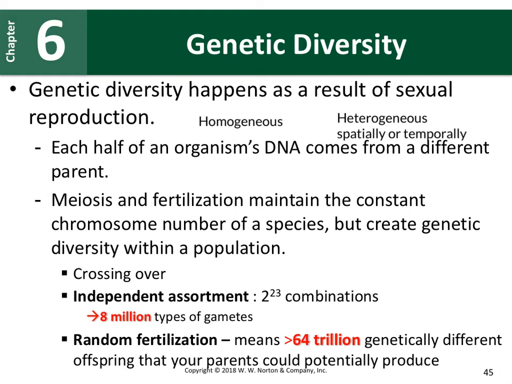Heterogeneous means different. So an environment that is different spatially means different over space. You might have one kind of habitat in one area, and next to it an adjacent habitat that's different, or further away a different habitat. That's spatial heterogeneity. And temporal is time. Obviously during seasonal changes, things are different between the summer and the winter.